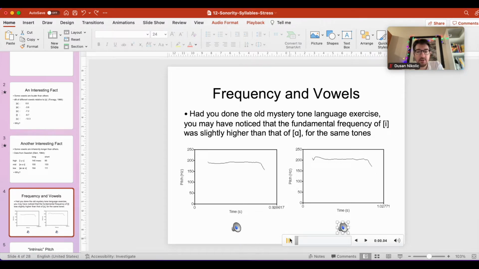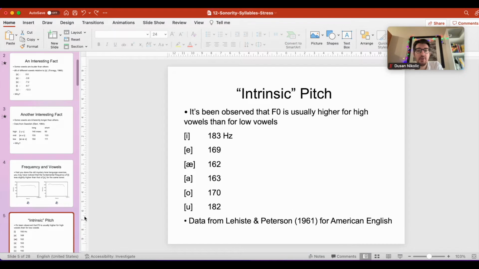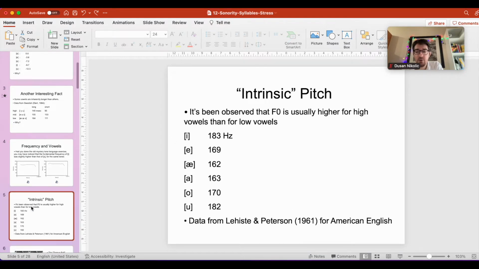Let's hear it. Ki, Ka. But the tone is the same, right? I don't know, 5/5 or 5/4, whatever you like, but the type of the tone is the same, while the fundamental frequency is slightly different. And that's because of the intrinsic F0 or fundamental frequency of certain vowels.